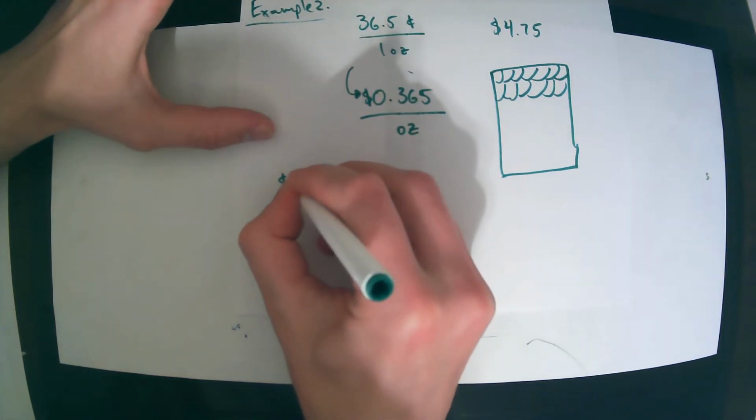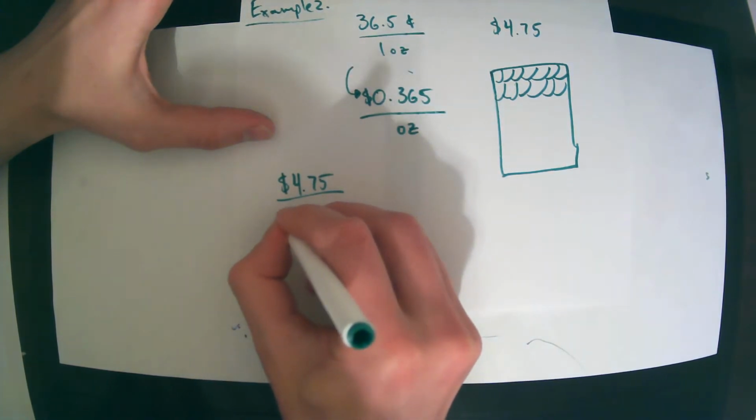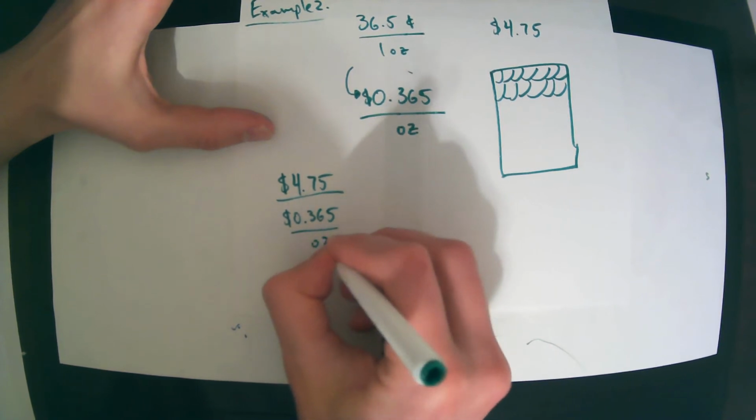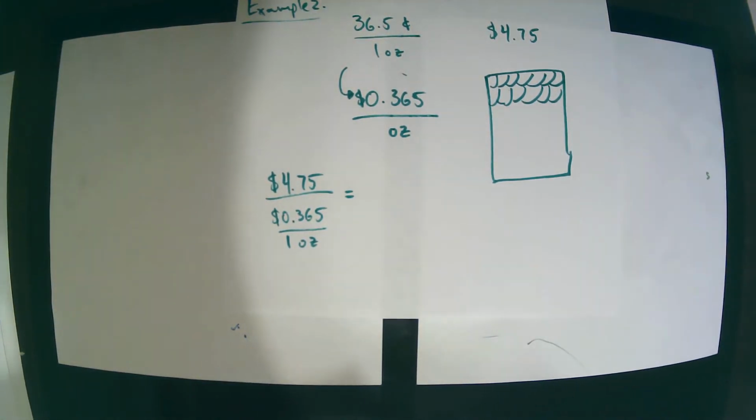So we're going to say 4.75 divided by 0.365 dollars over 1 ounce, which effectively is just 4.75 divided by 0.365 plugged into the calculator.